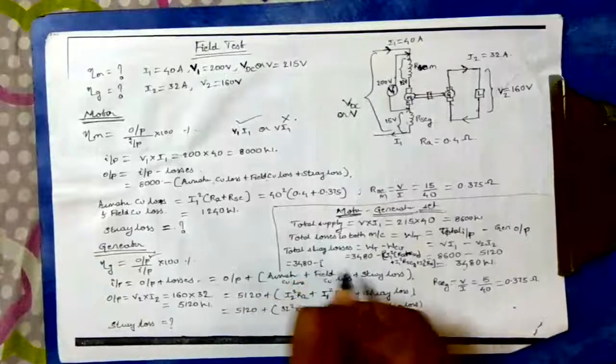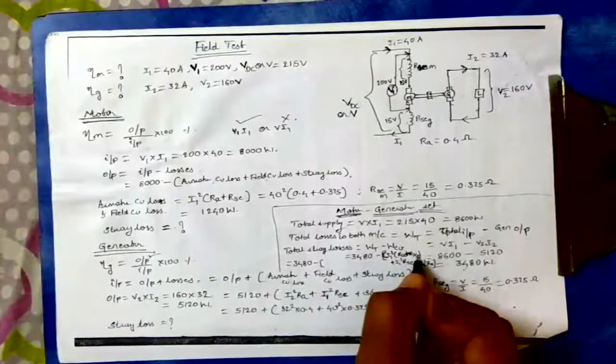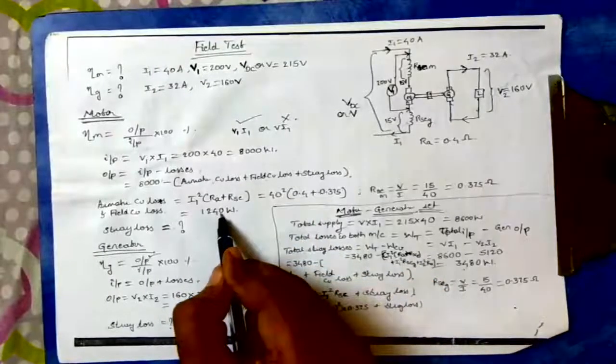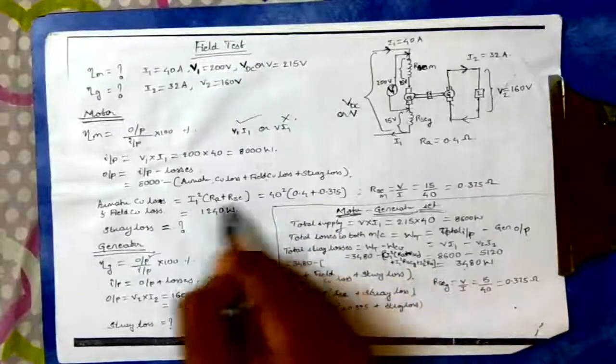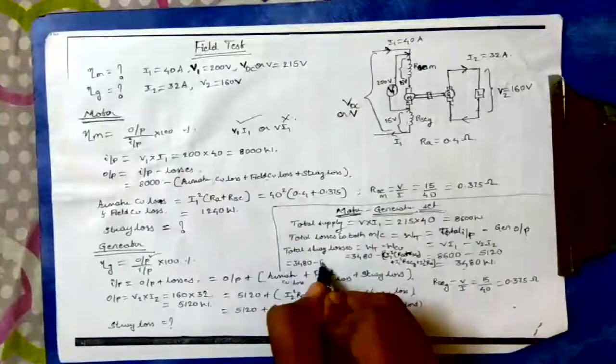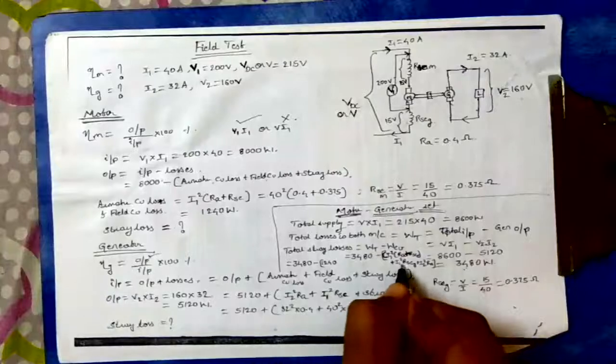3480 minus I1 square into RA plus RSC. I think we have already done that. It is around 1240. And now I1 square RSC. What is I1?